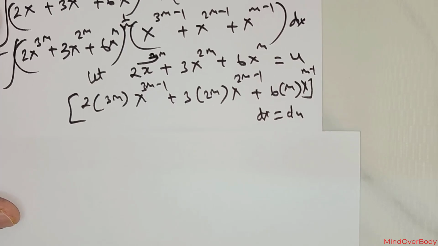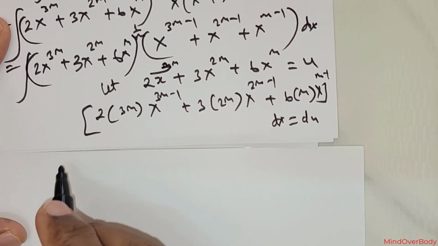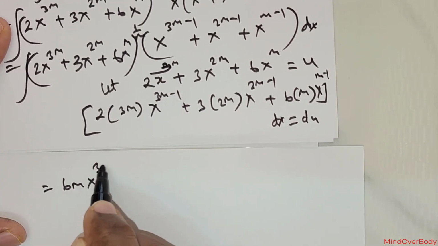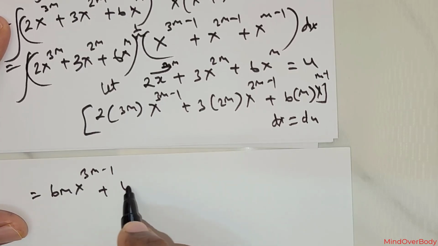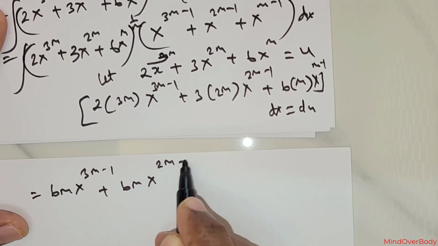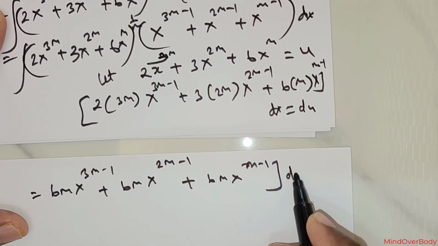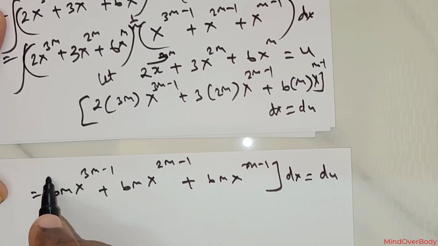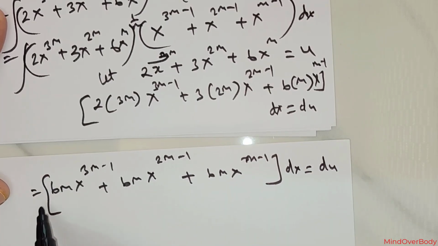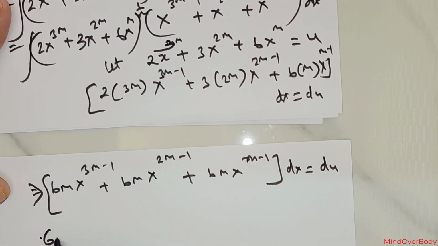You rewrite this: 6m x^(3m-1) + 6m x^(2m-1) + 6m x^(m-1), multiplied with dx, is equal to du. Now you can take 6m out.